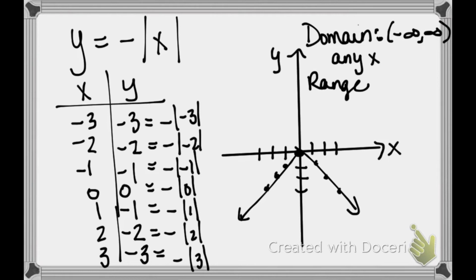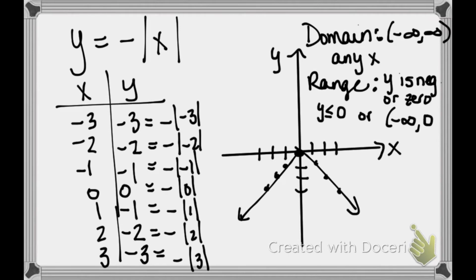My range, what I get out, is either 0 or negative, and therefore I don't go from 0 to -infinity because -infinity is lower. So I'm going to go from -infinity to 0, including 0. All right, and in shorthand, we'll say domain is -infinity to infinity and range is -infinity to 0. And you'll see that a lot in my graphs.